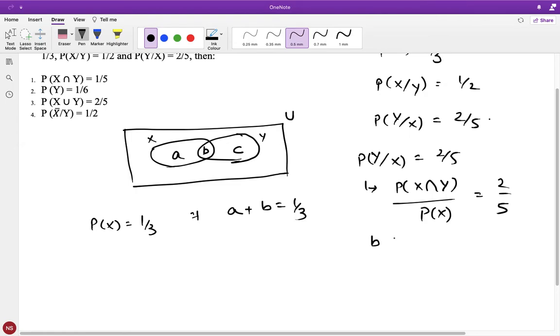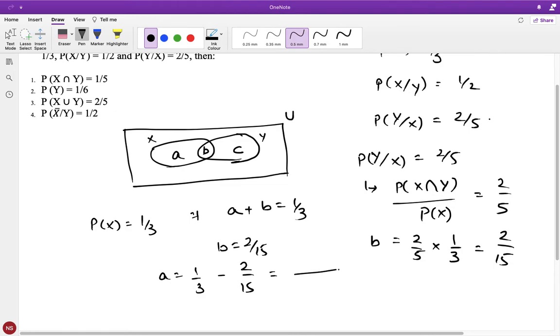It is area B. 2 by 5 into P of X. P of X is given to me as 1 by 3, so this will be 2 by 15. So B is 2 by 15. So what is A? 1 by 3 minus 2 by 15. So 15, 5 minus 2, 3 by 15 is what? 1 by 5. So A is 1 by 5 and B is 2 by 15.